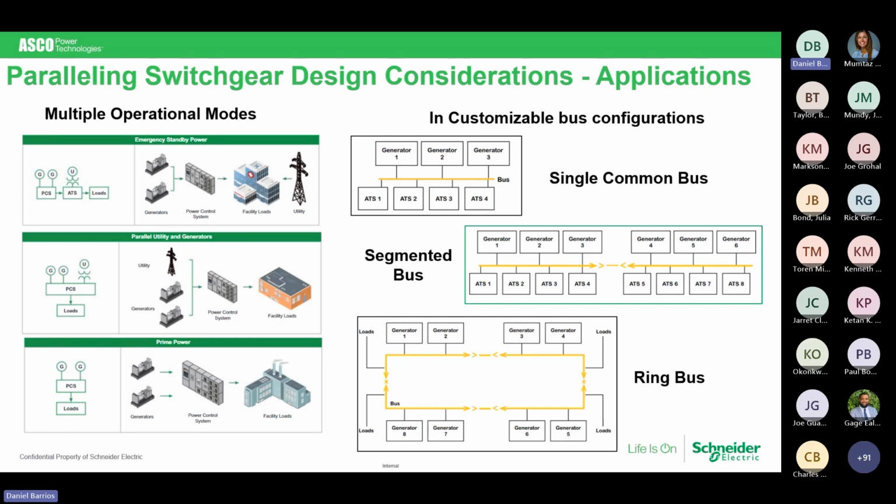The generator that hits first will close your priority 1 loads. As each generator comes online, it will add all of the loads, then evaluate to close the tie breaker, and start retiring unnecessary units.